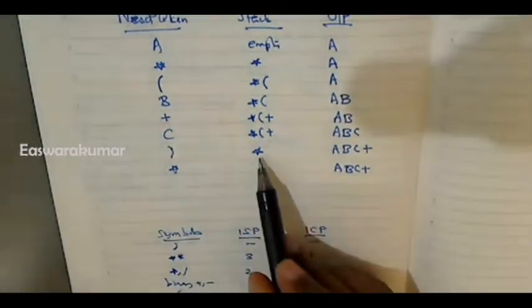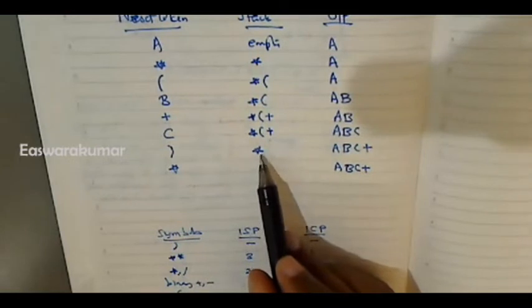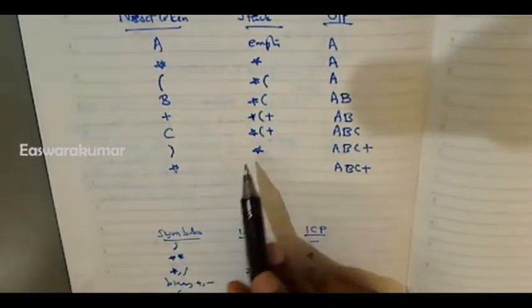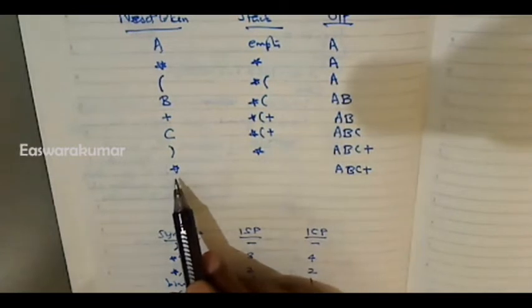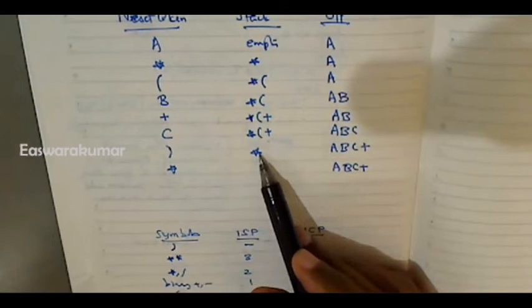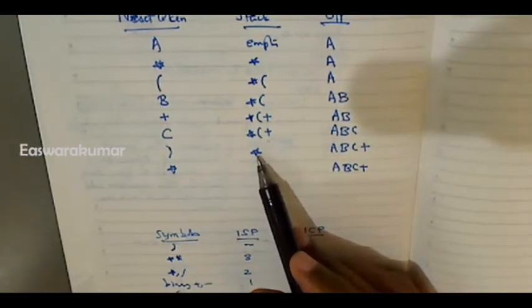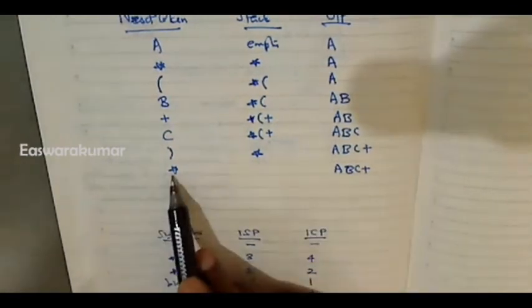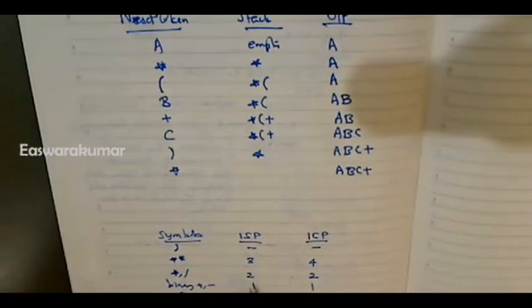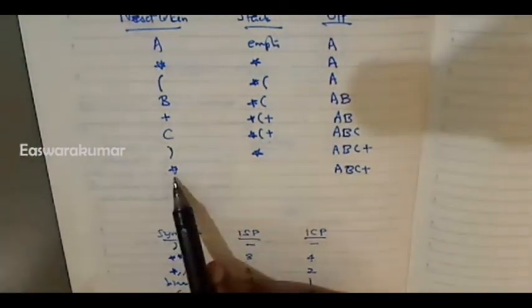Now the star has come. Here also there is a star, so this one is in the stack. For this you consider in-stack priority, and for the incoming star you consider incoming priority. This star has priority number 2, and the incoming star also has priority number 2, because in-stack priority and incoming priority are both the same.